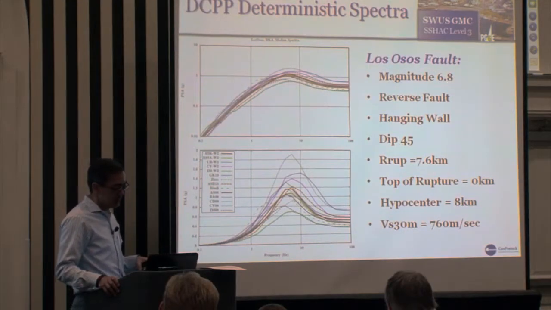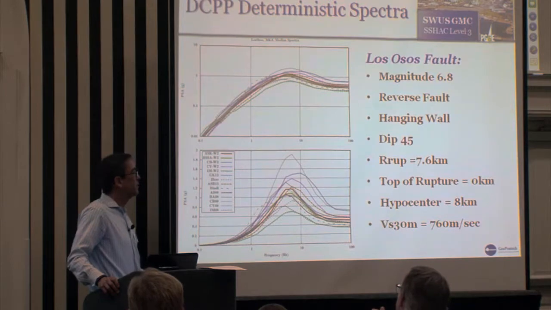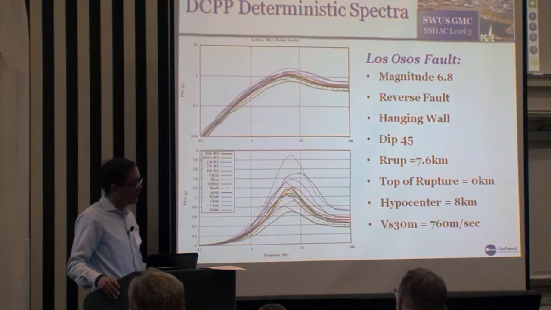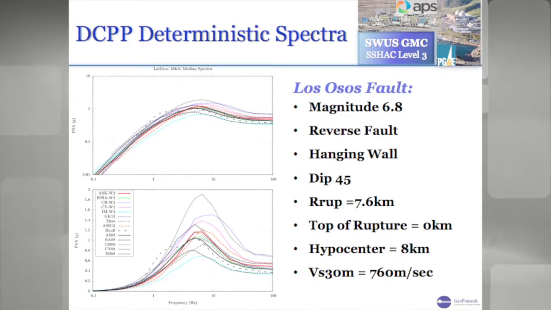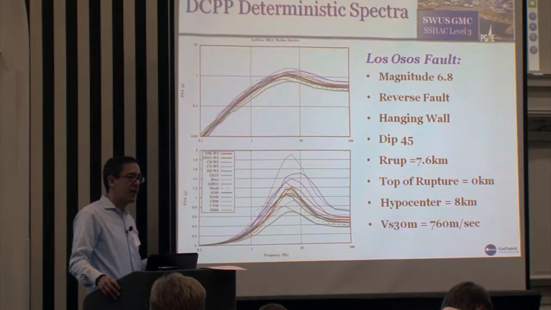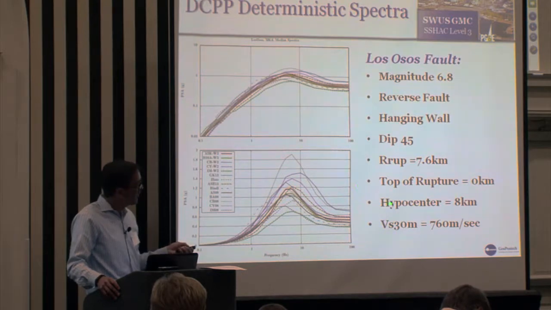If we then go next to the two reverse fault mechanism sources, we've got the Los Osos fault, given at a magnitude 6.8 for this plot. Again, this is a reverse dipping fault with the plant being located on the hanging wall. It's at a rupture distance of about 7.6. So because it's on the hanging wall, your JB distance would be 0. We've used the same hypocenter depth of 8 kilometers and again 760.